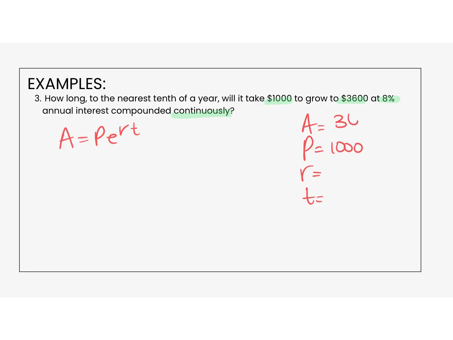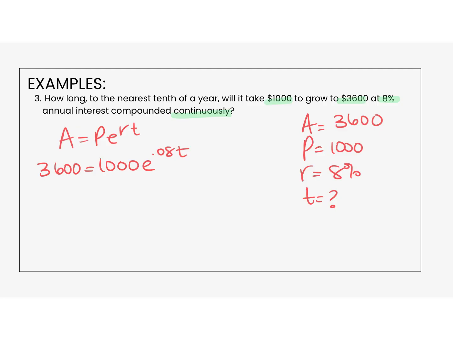I want to get to 3,600, and my rate is 8%. I'm looking for my time. Okay, so I'm going to fill in what I know. Okay, so 3,600 equals 1,000 e to the 0.08 t.